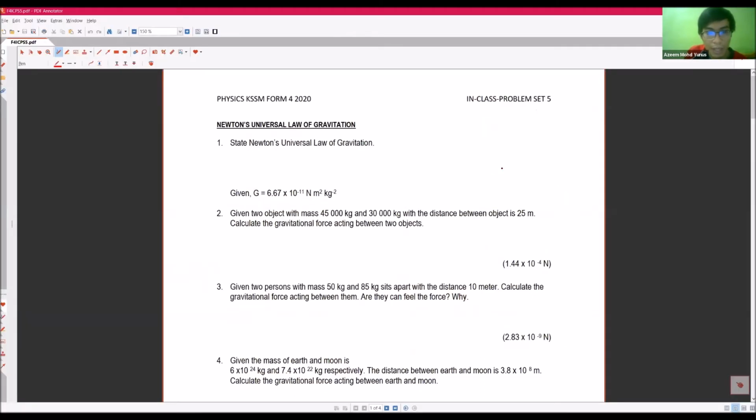So let's answer the first question here. State Newton's universal law of gravitation.